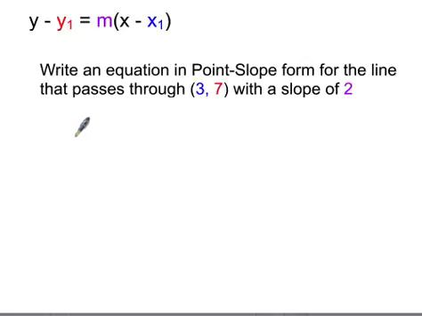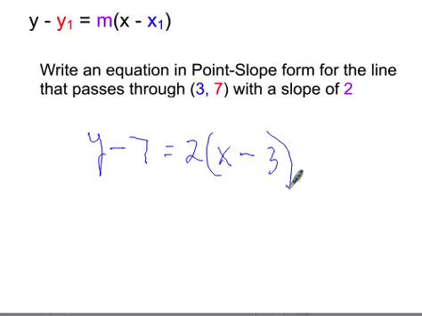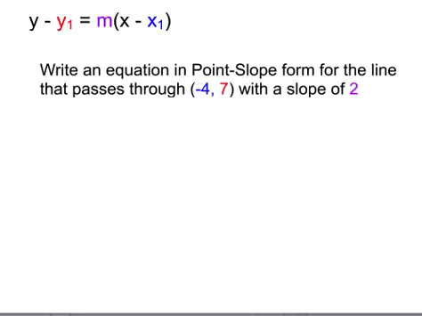So this is the next slide. Y minus 7 equals 2 times x minus 3. You with me? Next slide.